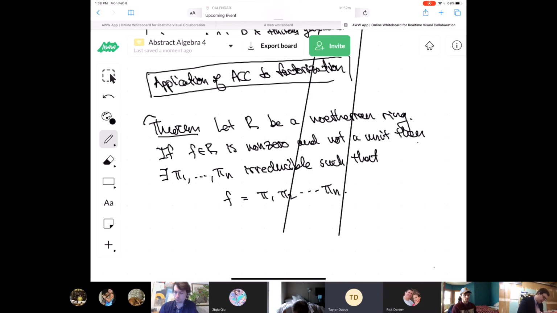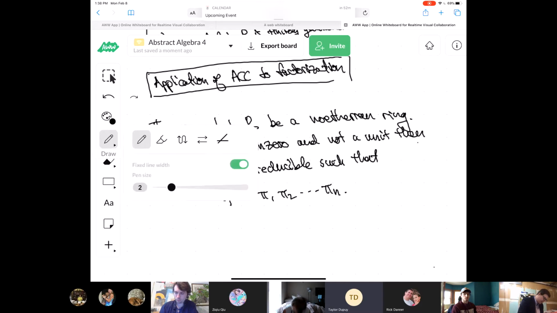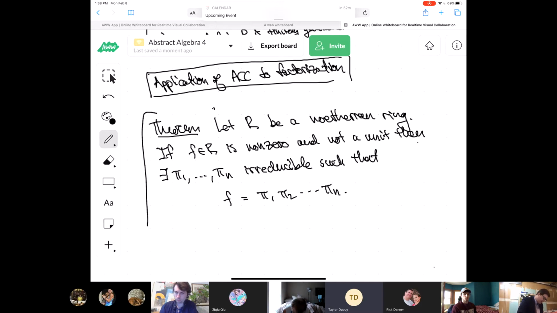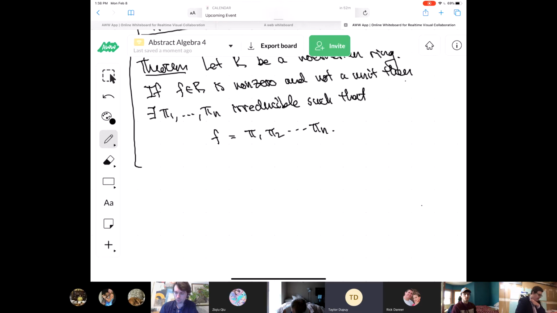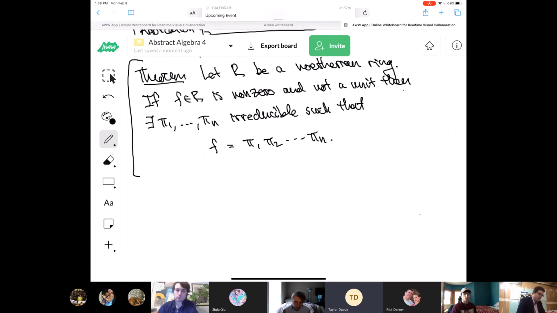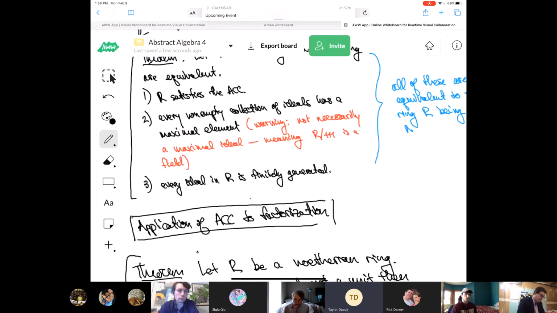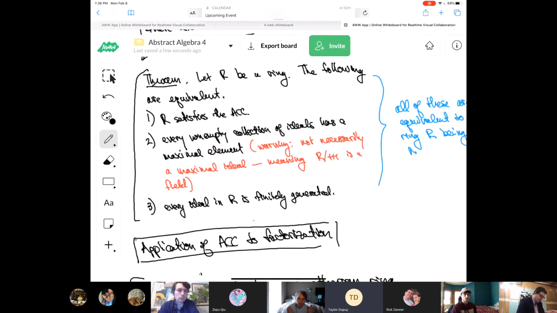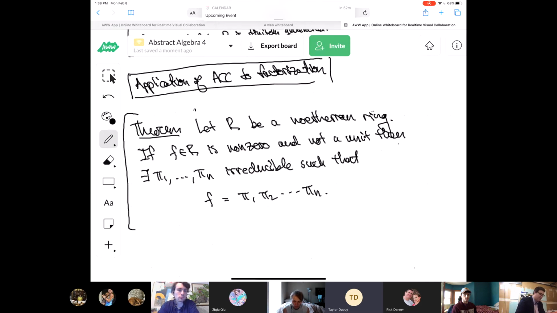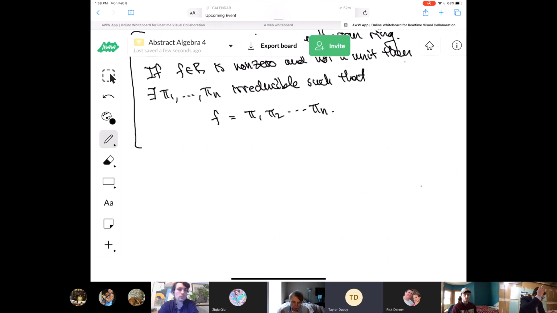So this is saying that you can factor something into a product of irreducible elements. The proof of this is pretty simple as well. Once you have Noetherianity, knowing how to prove this, and knowing the correct hypothesis for this to work, is I think the hardest part. Okay, so let's do the proof.